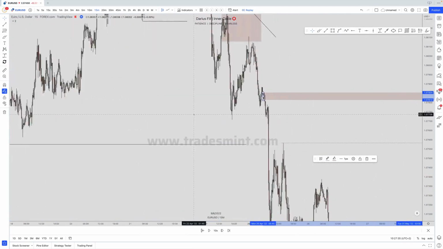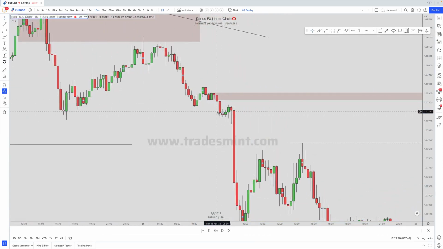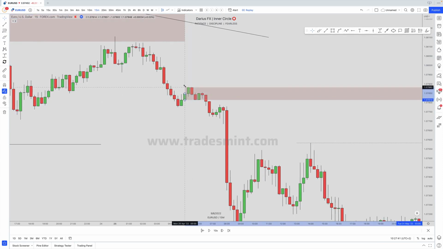Why? Because technically, when refining a supply zone like this, you have one big issue. You cannot cover up the high. And as we all know, from here till here, they're manipulating the price with the up move. So we, in reality, do not really know where the institutions have their orders. We just know right now, yes, there is an imbalance.